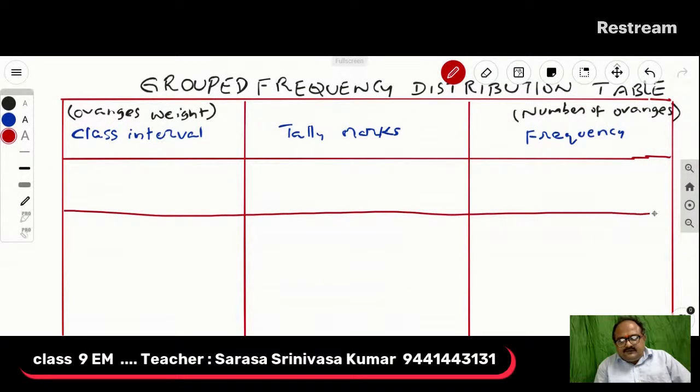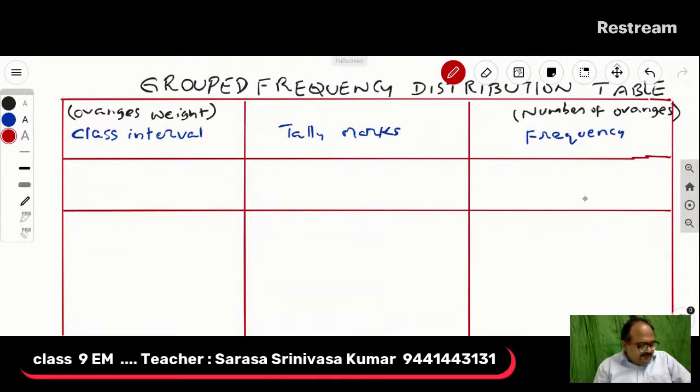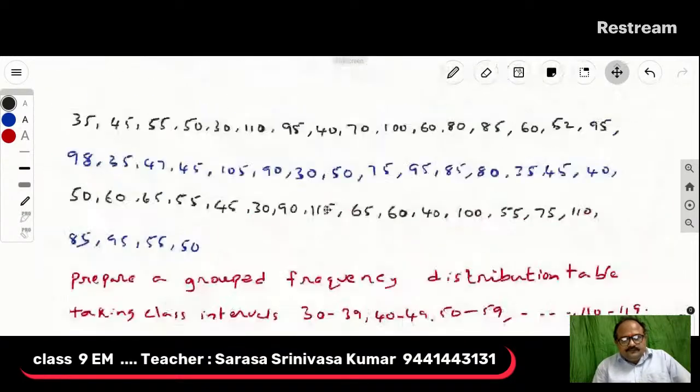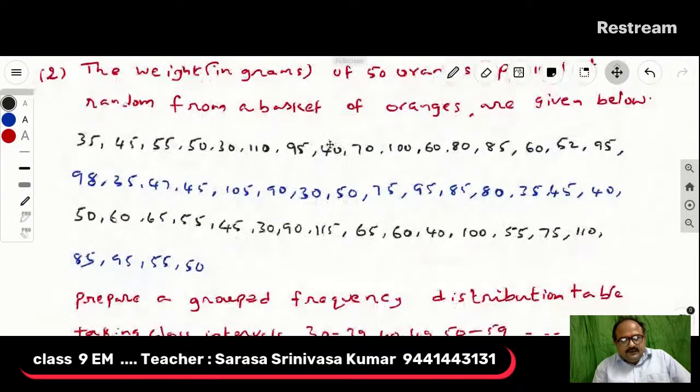Now we consider the first class interval, 30 to 39. We must count how many oranges are there having the weight from 30 to 39 in grams. They are given in grams. So let us observe this.